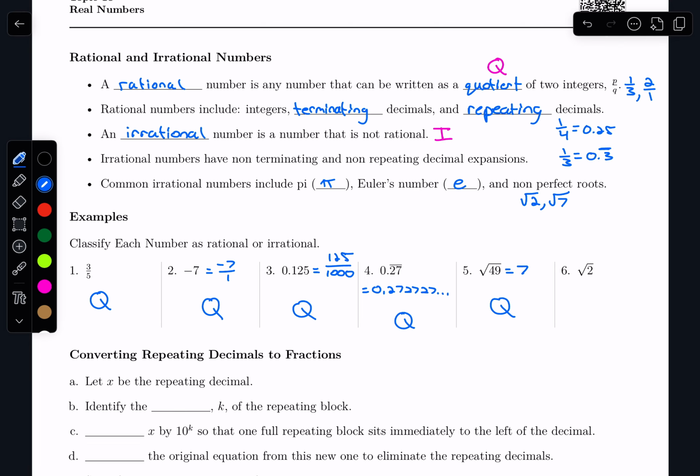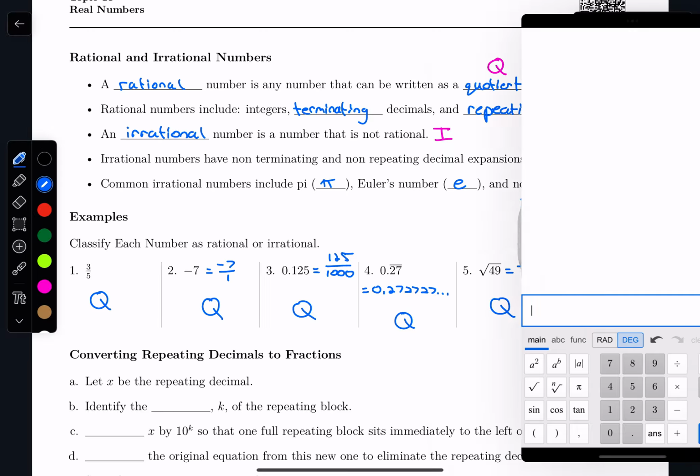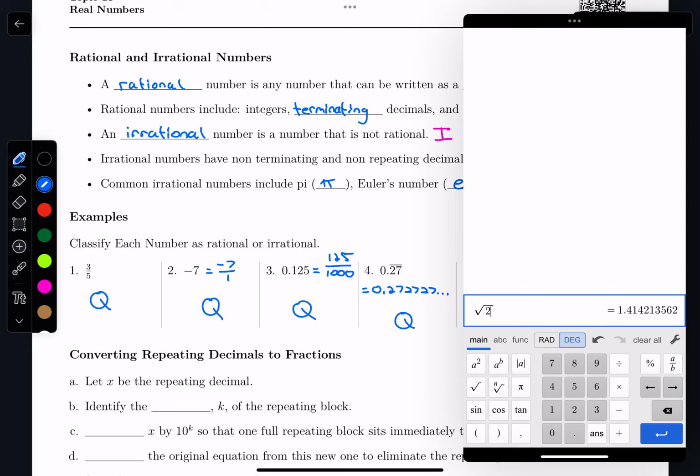And number 6, the square root of 2: if you try to turn that into anything else, it's really not going to work. So this is going to be irrational. And real quick, I just want to show you on the calculator, square root of 2, if you look at the decimals there, 1.41, it starts to feel like there's going to be some repetition because we have 1.414. So you might think, okay, 1414, but then it changes.